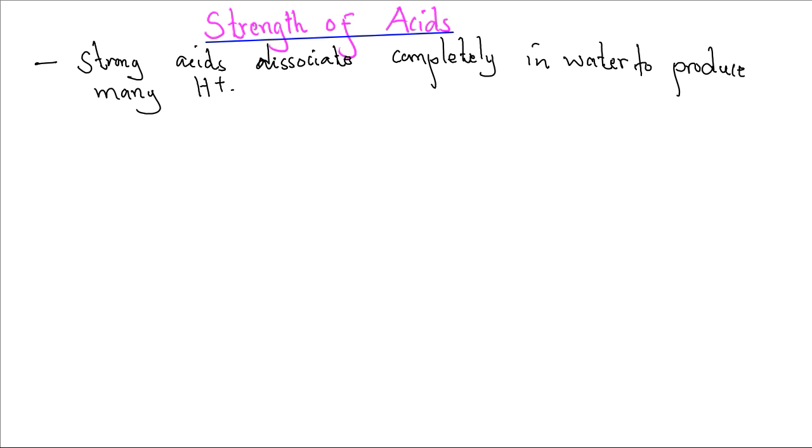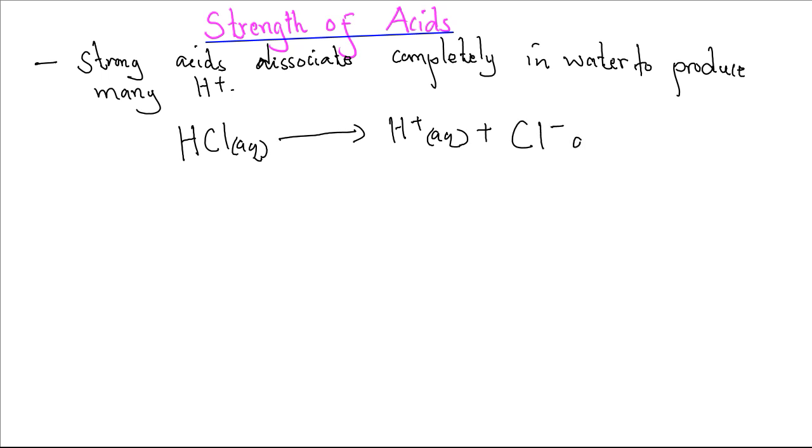Example, we have hydrochloric acid, which ionizes completely to give hydrogen ion and chloride ion.